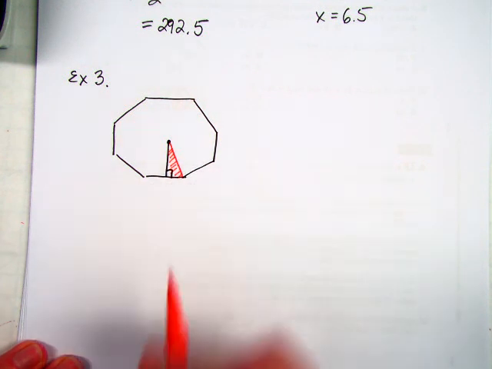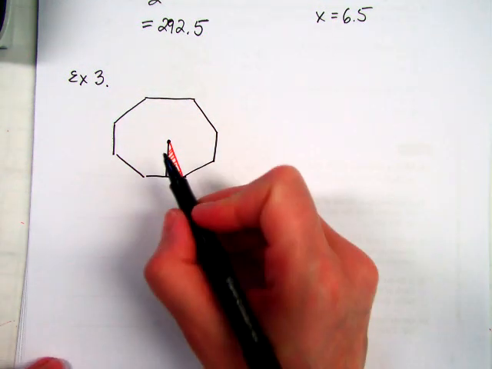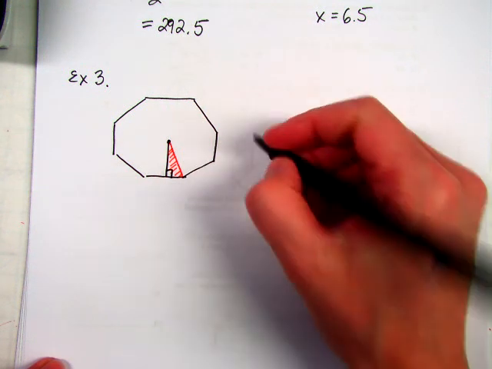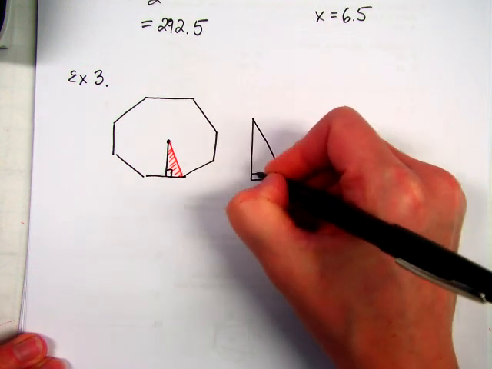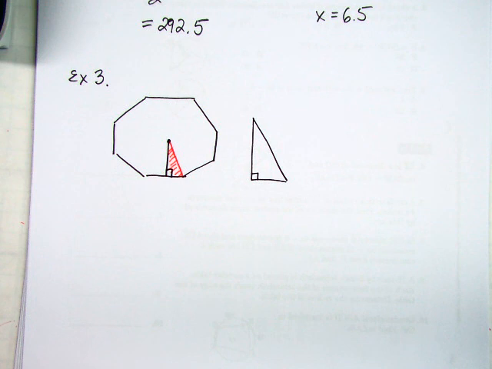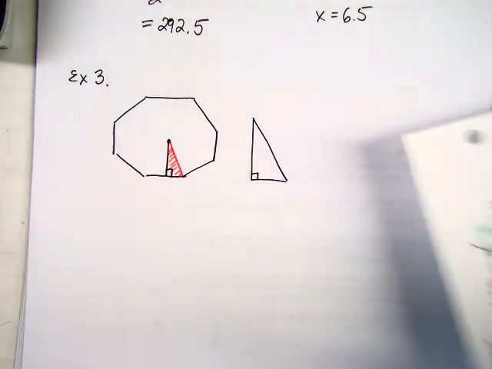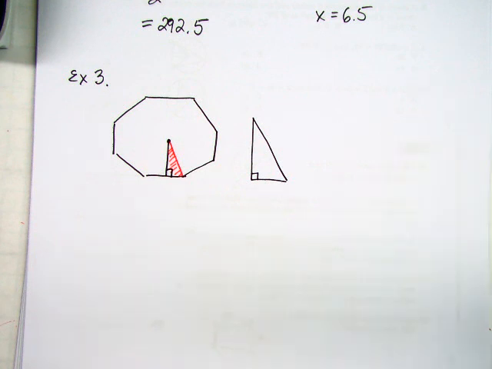I want you to tell me what is this angle or this angle for the octagon. Take a second to figure it out. Don't forget to split it in 2.